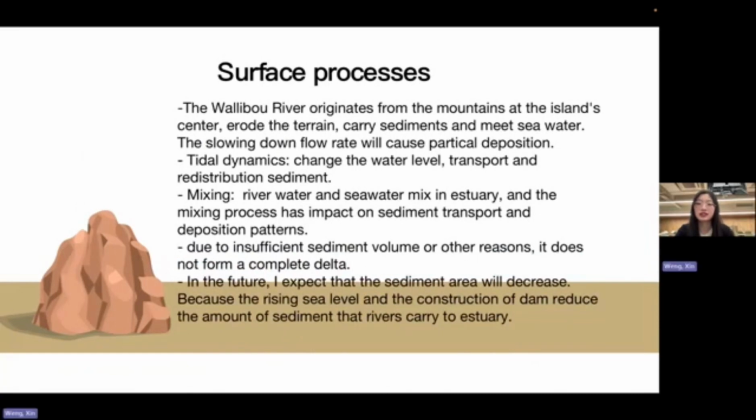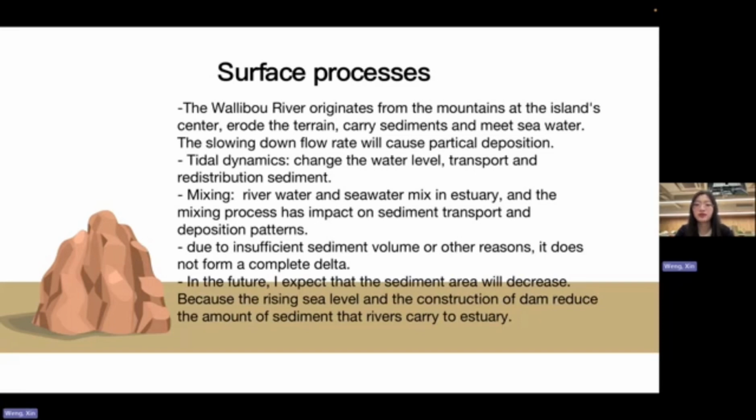Surface processes. The estuary is fed by the Valuable River, which originates from the mountains at the island center, erodes the terrain, carries sediments, and meets sea water. The slowing down flow rate will cause particle deposition. Tidal dynamics will change the water level, transport, and redistribute sediments.